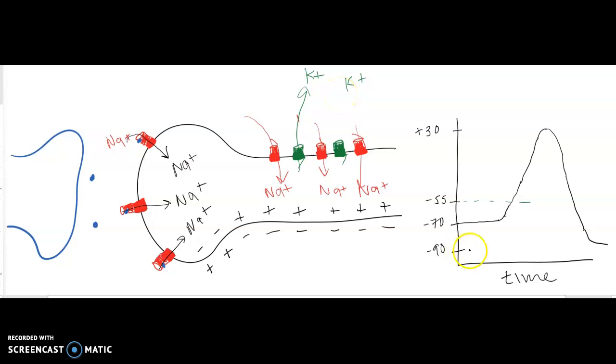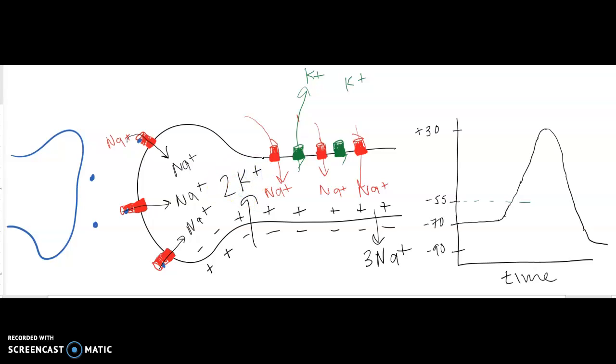So once I get to this threshold here, this new kind of voltage that allows me to do a reset, the reset is accomplished from the sodium-potassium pump. So the sodium-potassium pump pumps out 3 sodiums and pumps in 2 potassium.